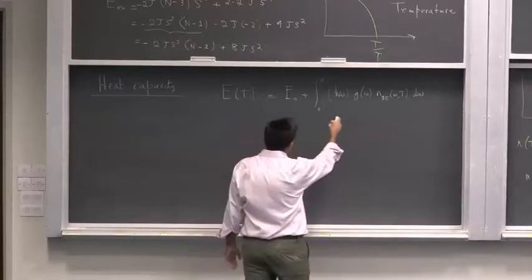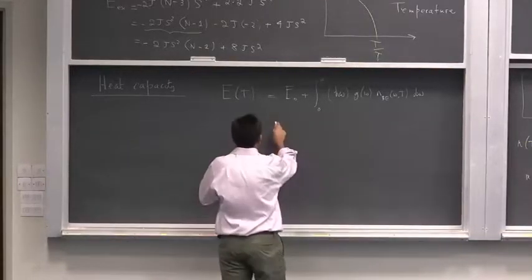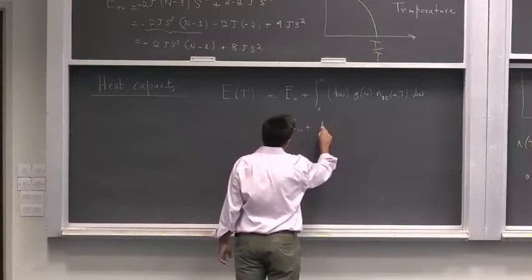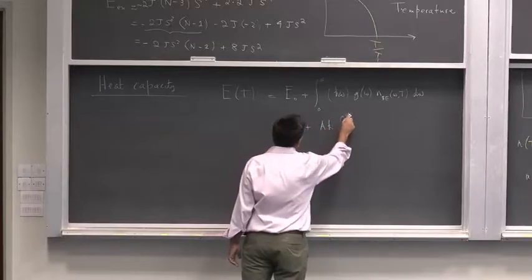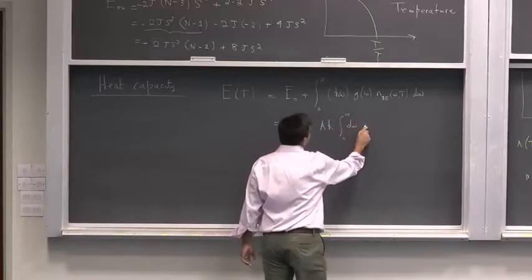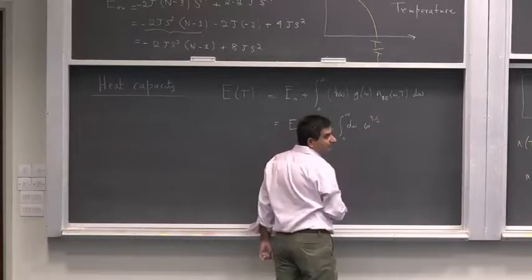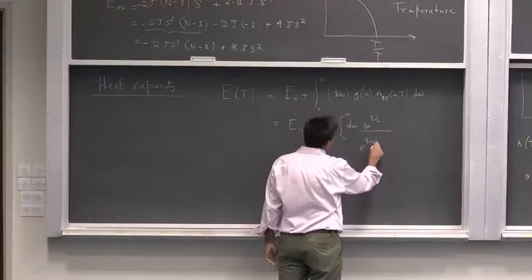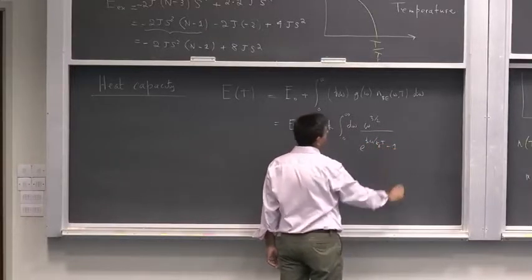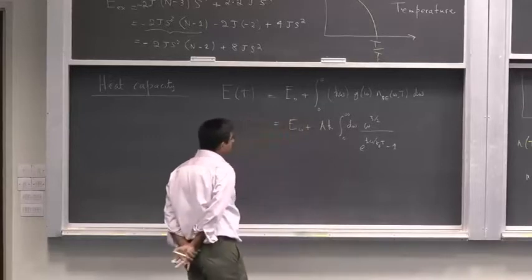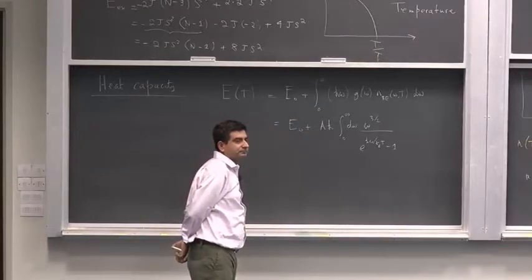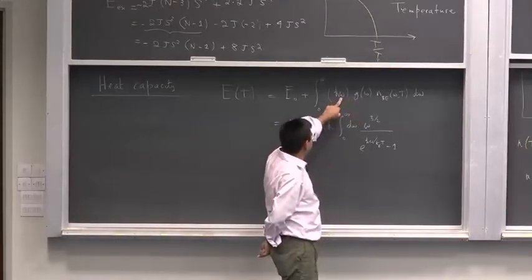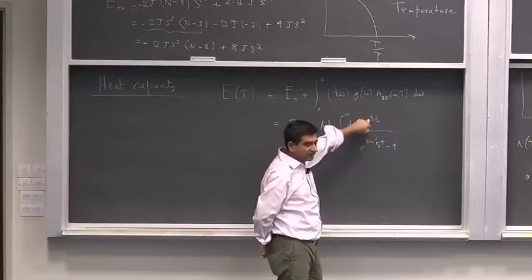So now if you put in all of this in here, we get E naught plus some A times the integral from 0 to infinity of d omega, with omega raised to 3/2 over e raised to h bar omega by k_B T minus 1. The density of states gives us omega raised to 1/2, and the energy gives us omega raised to 3/2.